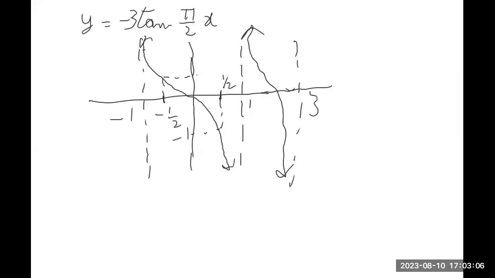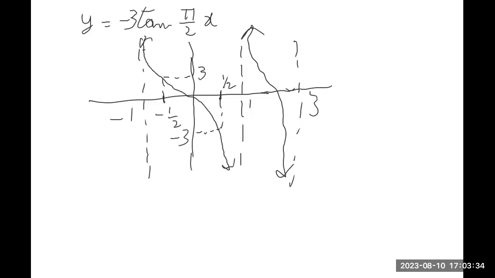So this and this will change. At the 1/4 point, this would be 3, and at the 3/4 point, it'll be -3.